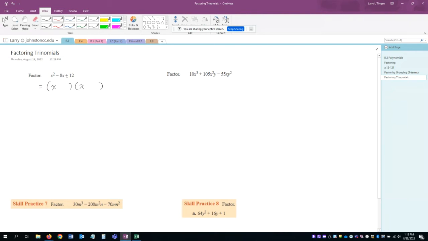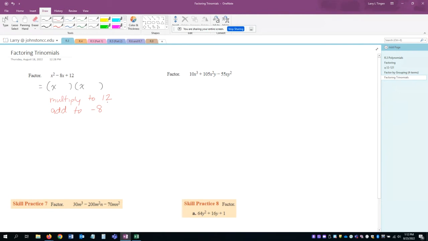Okay, so I am multiplying to get 12. Twelve is a positive number, so that means I'm either multiplying 2 positive numbers or 2 negative numbers. And then they need to add to -8, the coefficient of x. Well, if I'm multiplying to a positive 12 and adding to -8, that tells me my signs must be what?